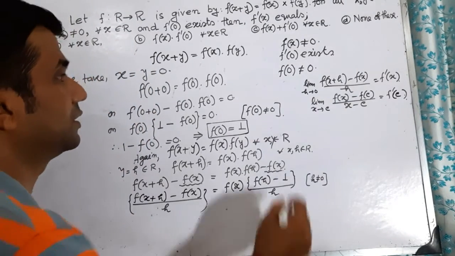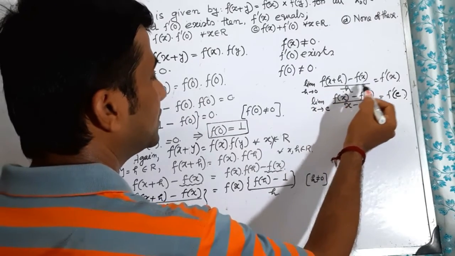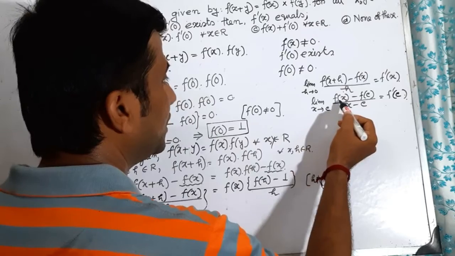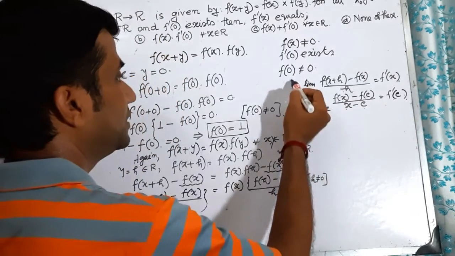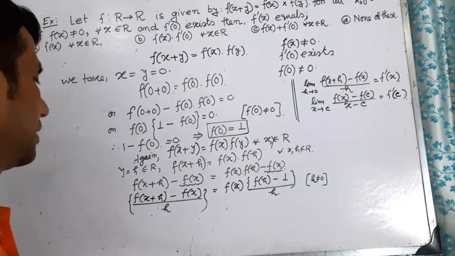And we know that limit h tends to 0 of f(x+h) minus f(x) by h is equal to f'(x), and limit x tends to c of f(x) minus f(c) by x minus c is equal to f'(c). This is the definition of differentiation.